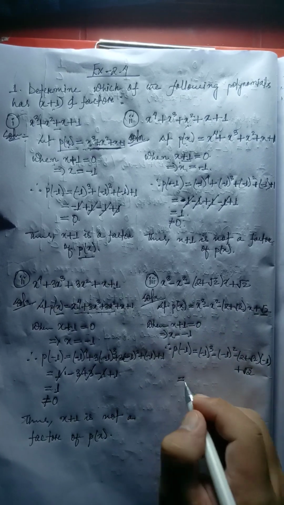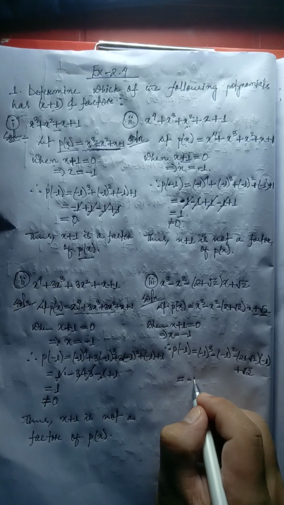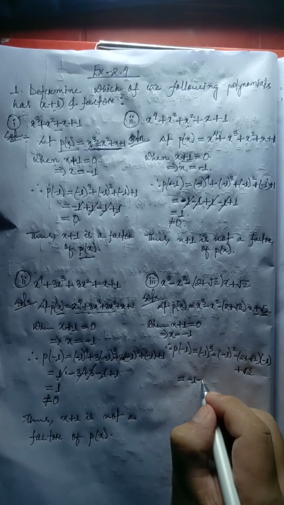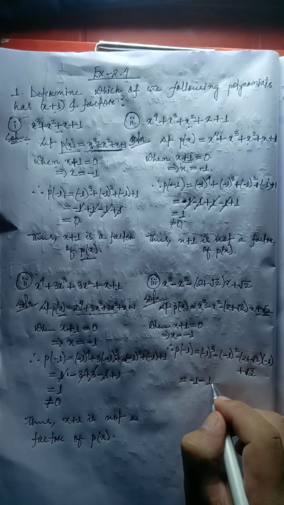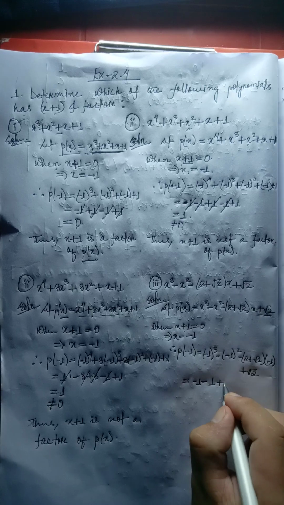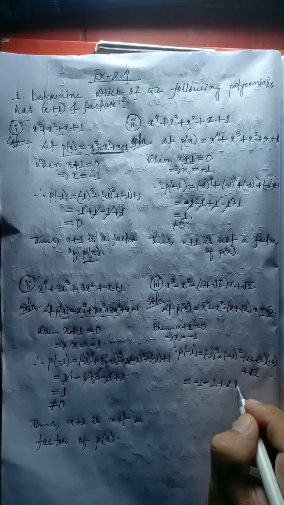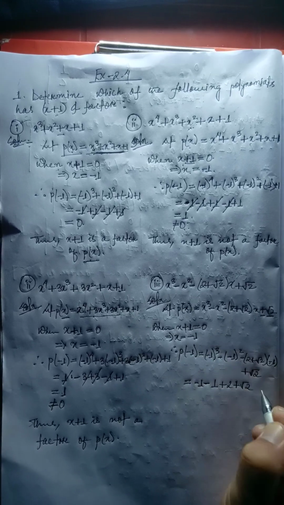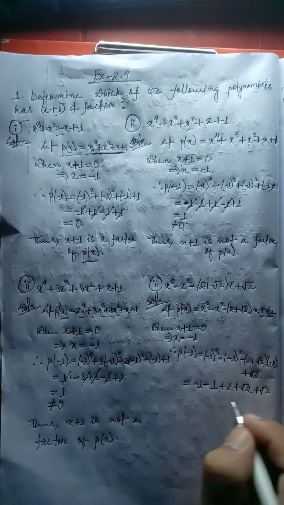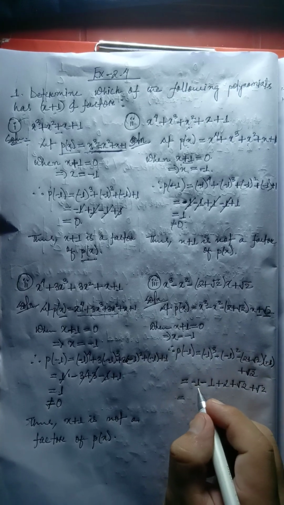After that, minus 1 cubed is minus 1. Minus squared is plus. Plus into minus is minus. It will be minus 1. And minus into minus is plus. And 2 plus how much will it be? It will be 2 plus root 2. And after that, we have this root 2 again. Let us check this.